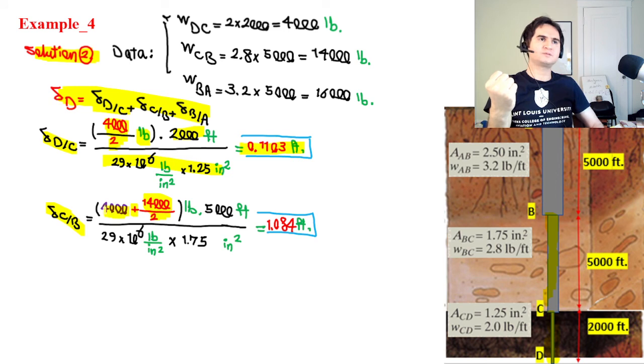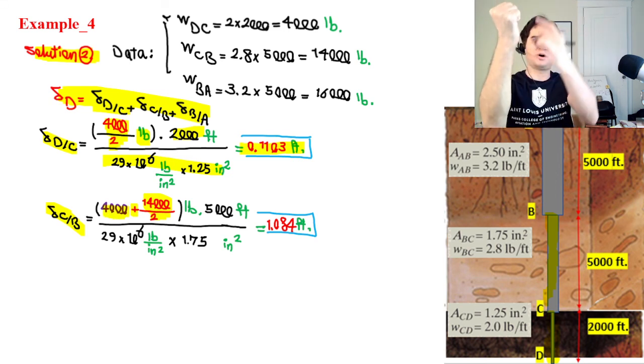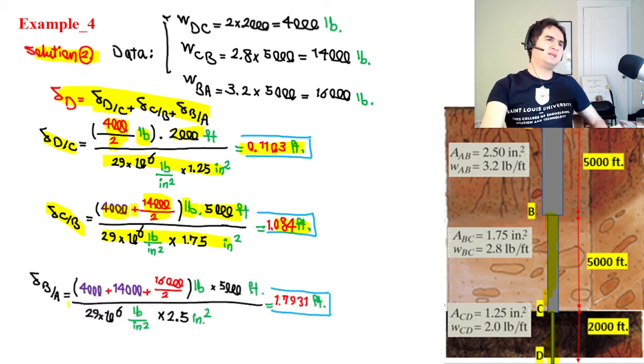That's a separate box of 4,000 hanging from our second part. So that's additional weight to W over 2. That's 4,000 plus W over 2 in pounds, that's our N times L over EA. That gives you 1.084 feet.